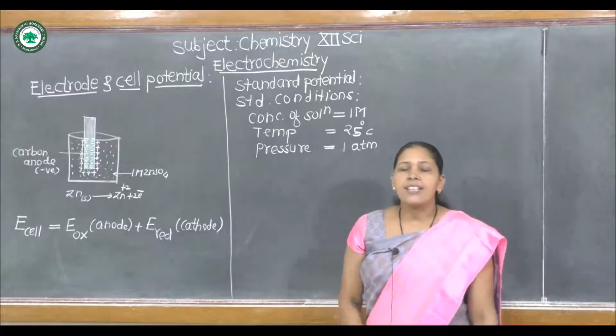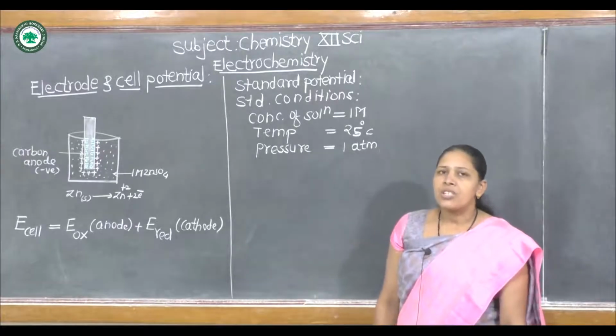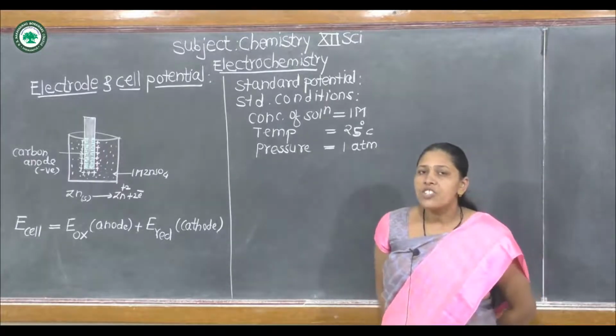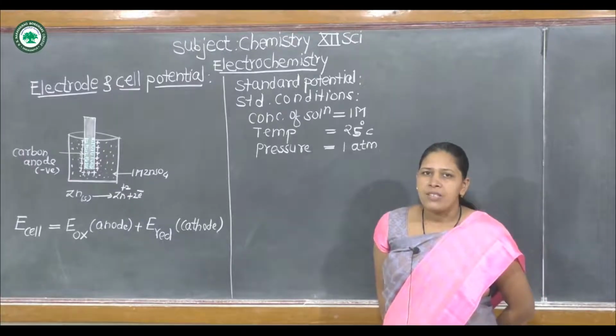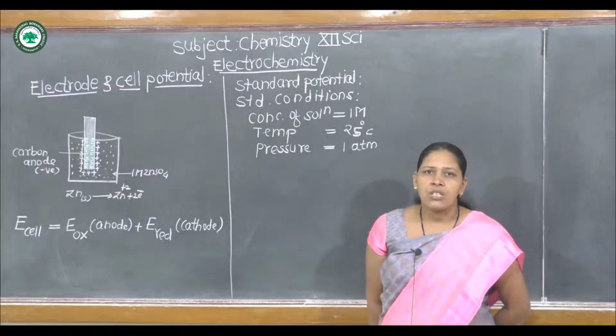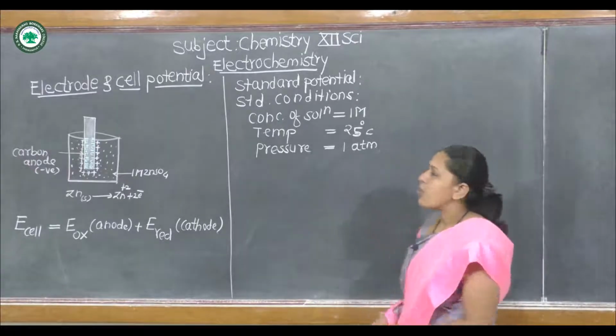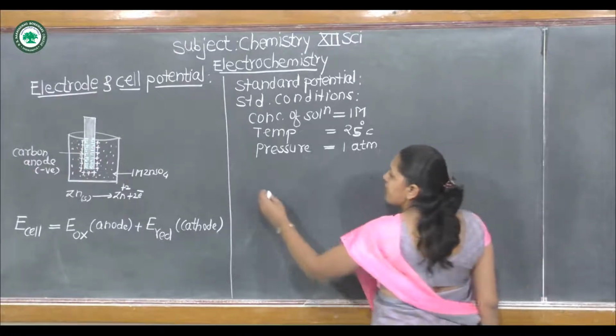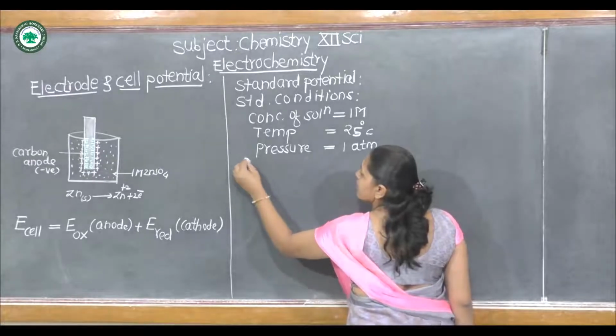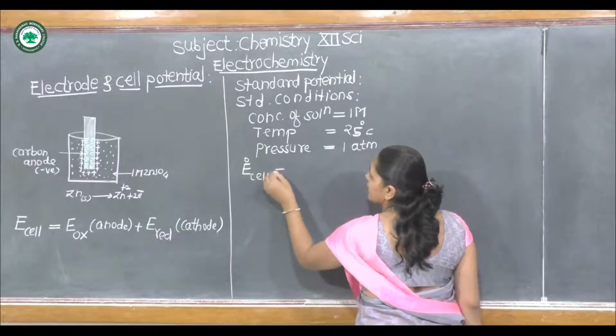Then standard cell potential is also the algebraic sum of standard oxidation potential and standard reduction potential. Therefore, standard cell potential is denoted by E0 cell.